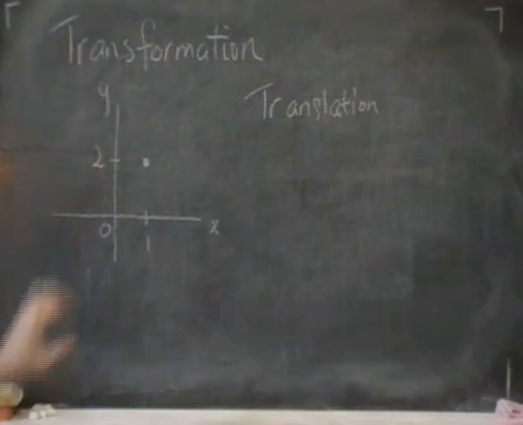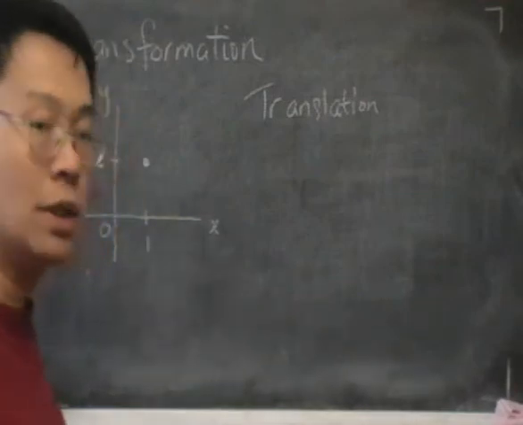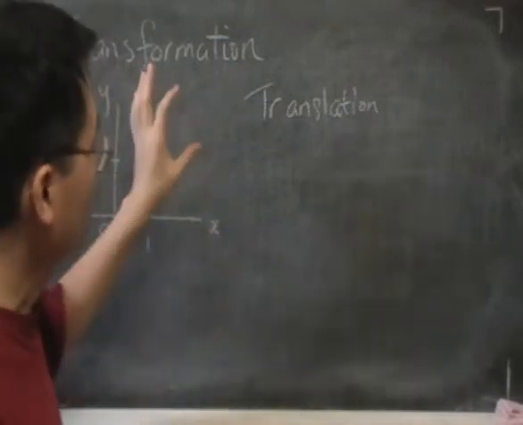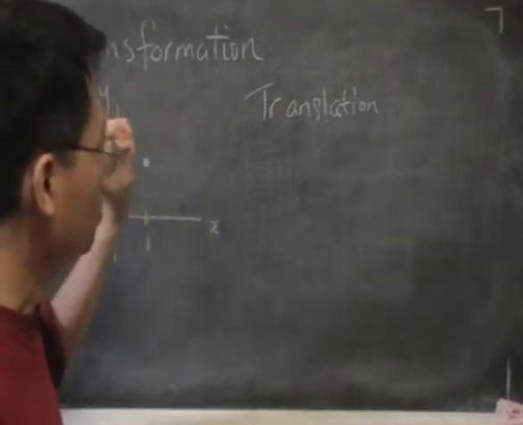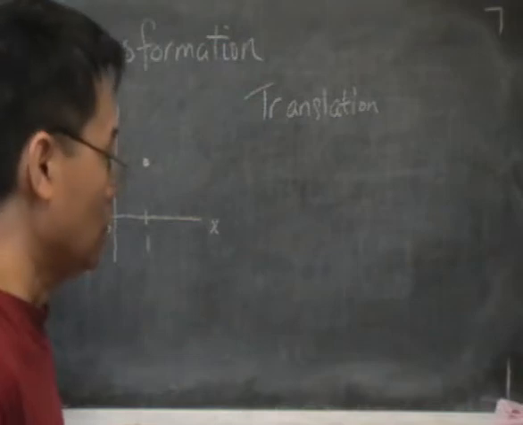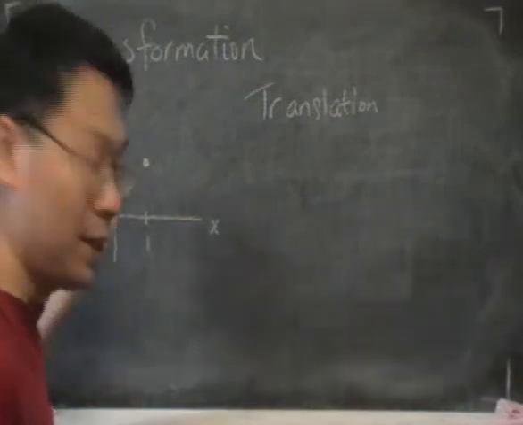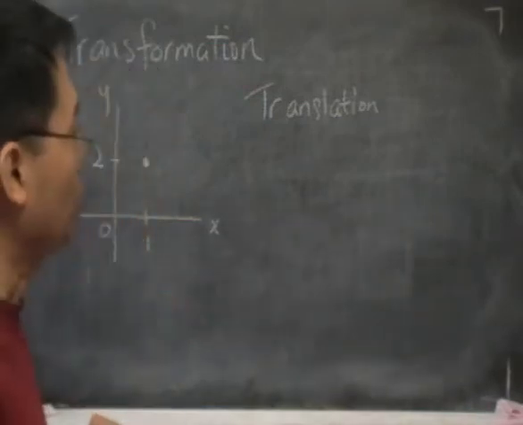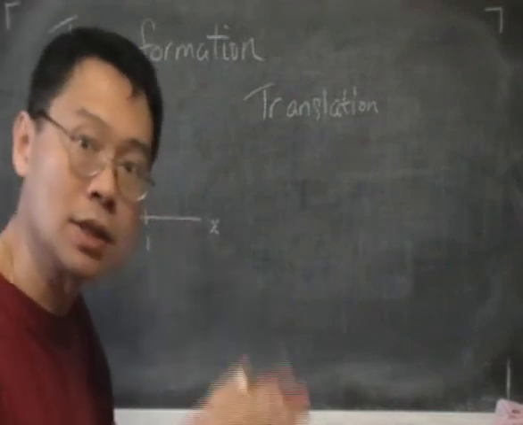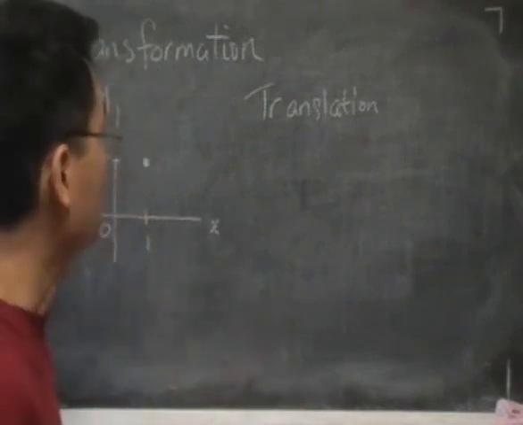on this xy plane. So, for example, the translation is basically a rule that tells us that we'll move any points by a certain distance in a certain direction.